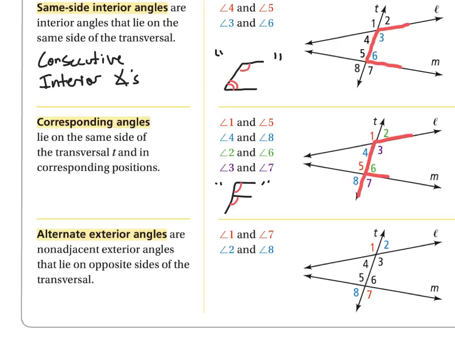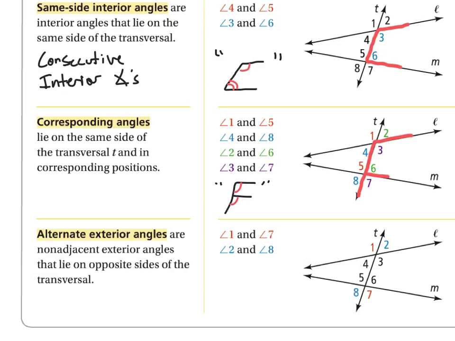And our last one, alternate exterior angles. Again, alternate for the same reason as before, they're on alternate sides of the transversal. Exterior now means that they are not between our two lines being intersected. They are now in the exterior portion, which is up top and down below. So alternate exterior angles would be like angle 1 and angle 7.